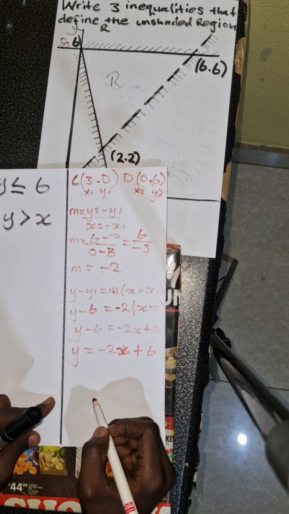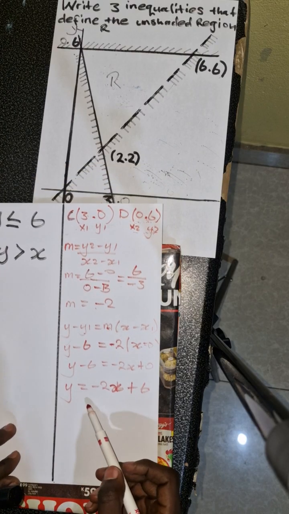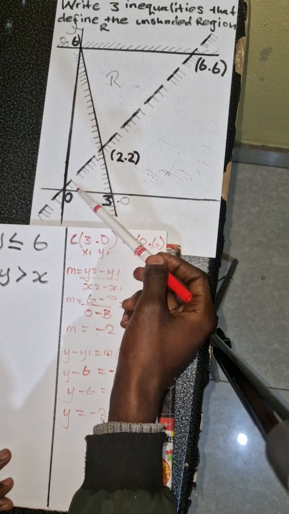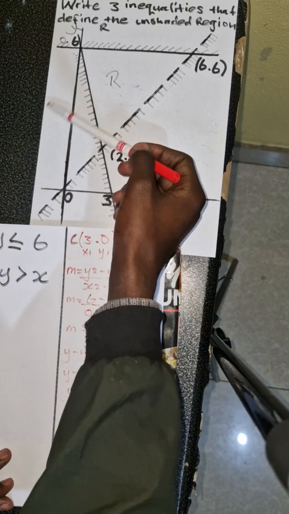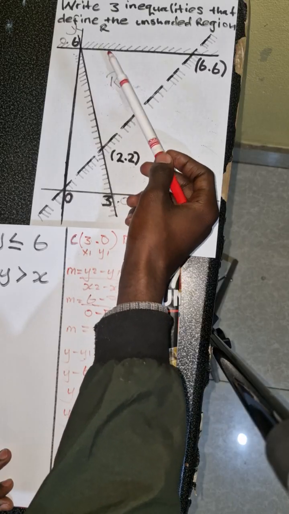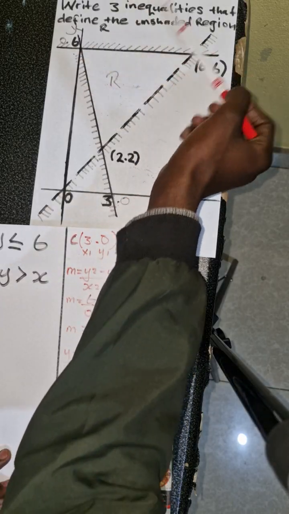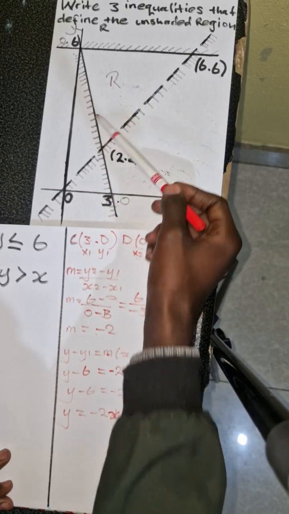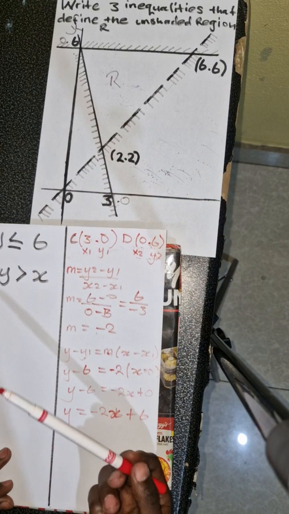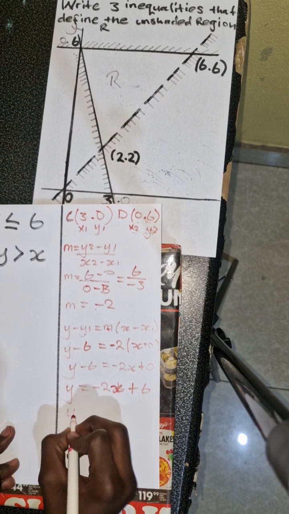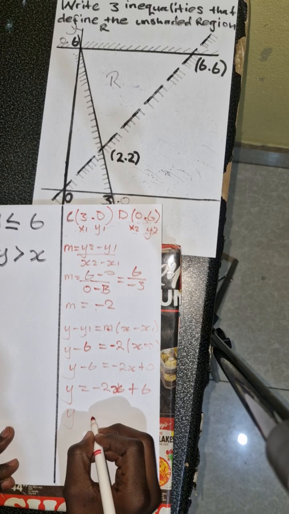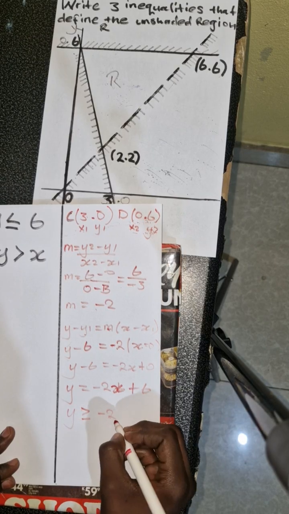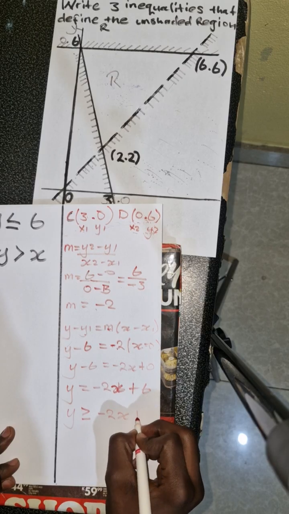Now that I have the equation, I have to check again. What did we shade? We shaded the lower region. So we have this region here going above. This lower region has been shaded. So how are we going to describe it? We're going to say our y is greater than -2x positive 6.